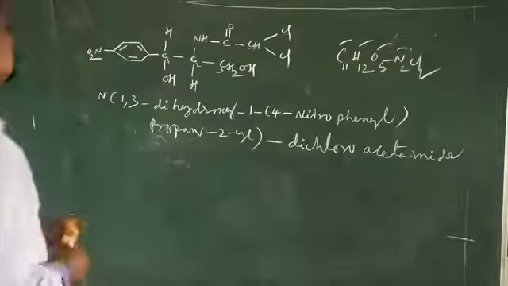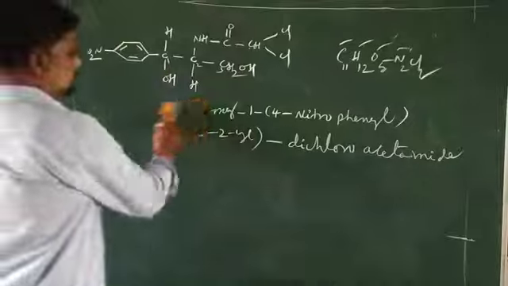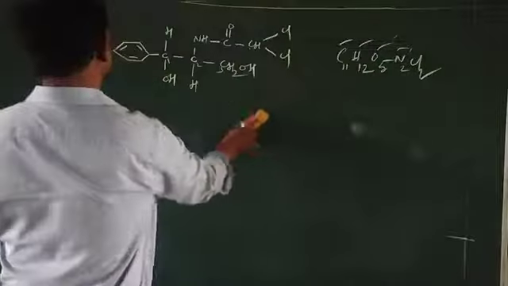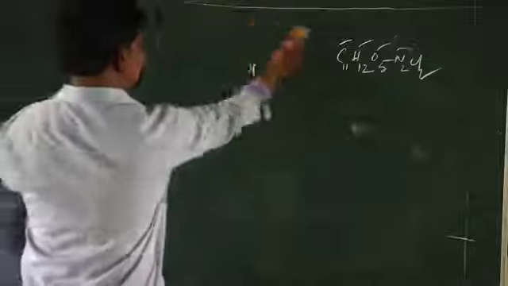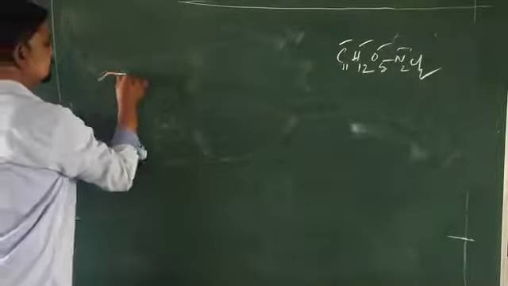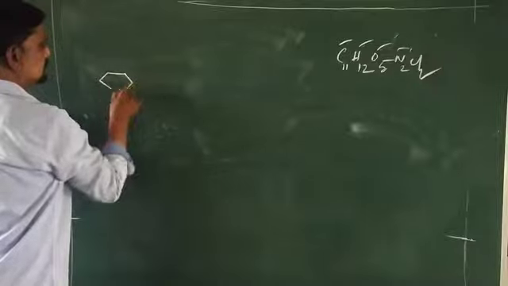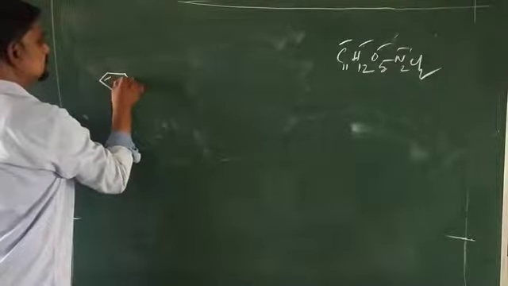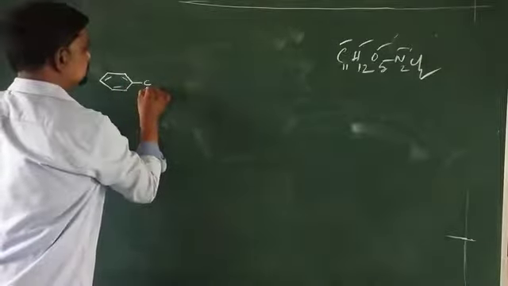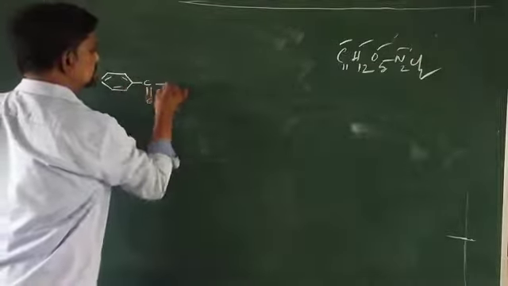So how to synthesize this structure? How to synthesize? So starting material para-nitroacetophenone as a starting material. First you draw the benzene ring. This is the benzene ring. Of course here C double bond O and CH3.